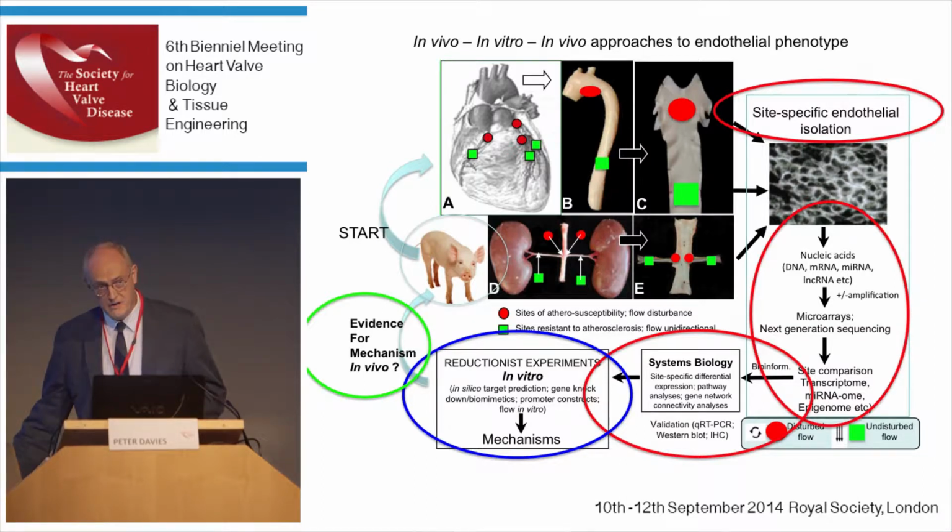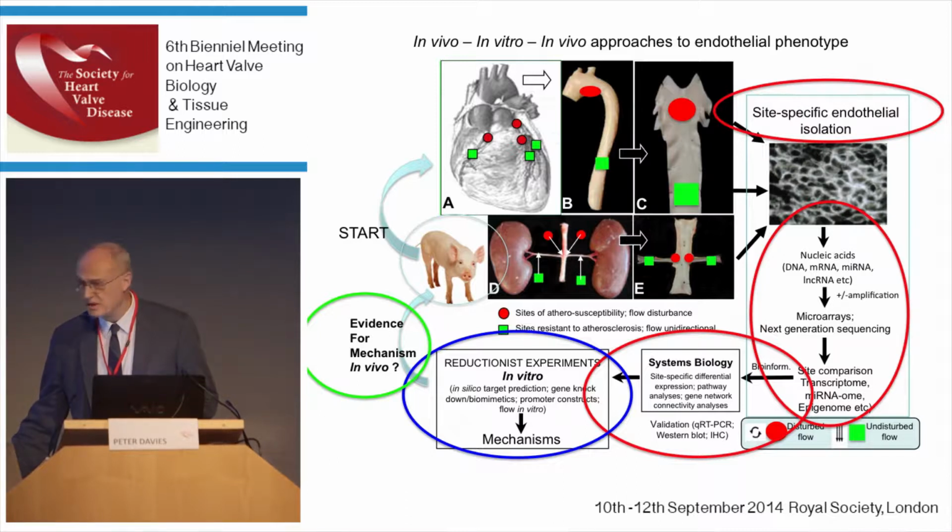We can do pathway analyses, which, with companies like Ingenuity, are very sophisticated and of use as long as you keep your head switched on as to how well they reflect the literature and how some of the literature is flawed. But then again, you can go on to validate with QRT-PCR and Western blot and immunohistochemistry, as we've seen this morning in various cases. From this, we get really a survey of what's going on in vivo.